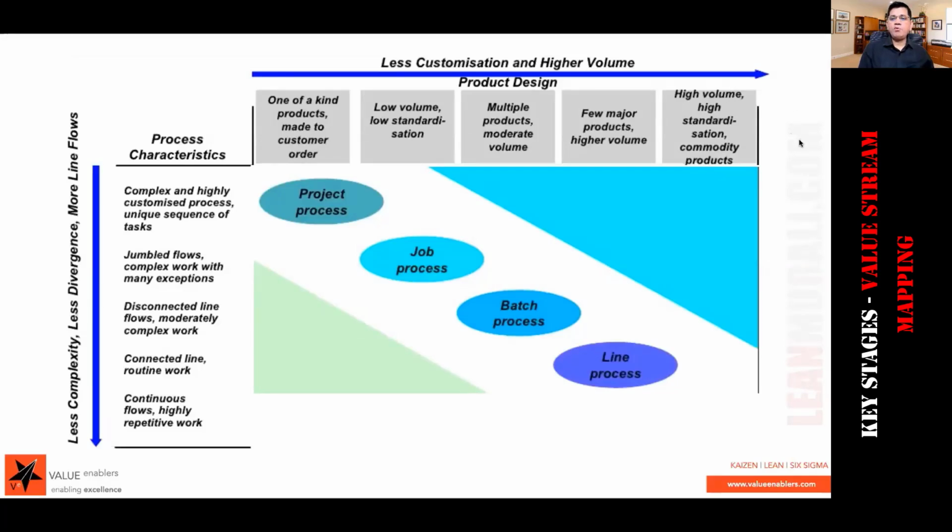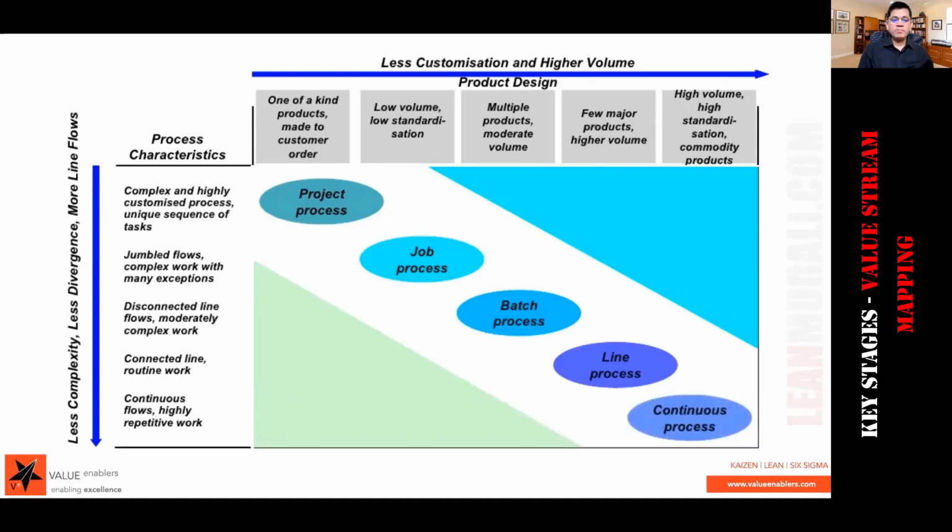We are now more and more familiar with this type, where a few major products are there at higher volume. Whenever volume goes higher, the flows are all connected and it is routine work. We call that a line process. And finally, we have continuous flows: highly repetitive work, high volume, high standardization, commodity process. This is called a continuous process.